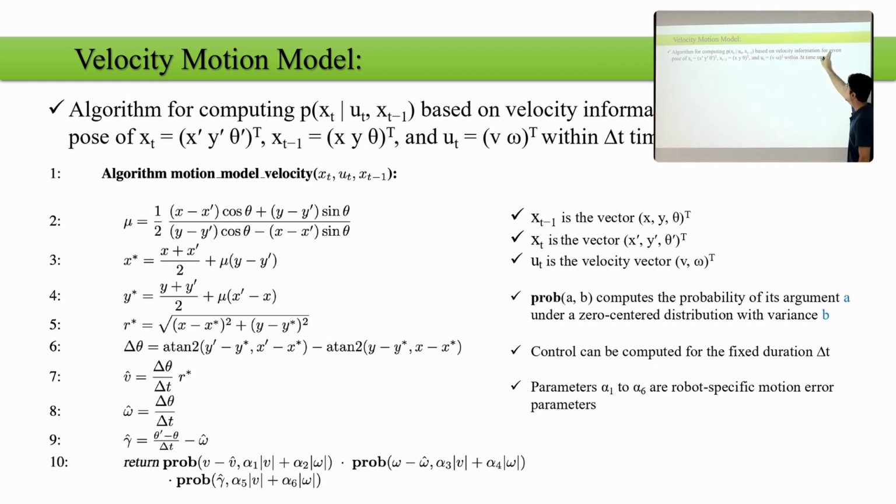This is based on the velocity information that's given for this position, the velocity of the translational and rotational movement during delta t. So here we just want to bring it and show it in probability form, how we can calculate the probability if the robot moves from the initial pose to x prime, y prime with these parameters.